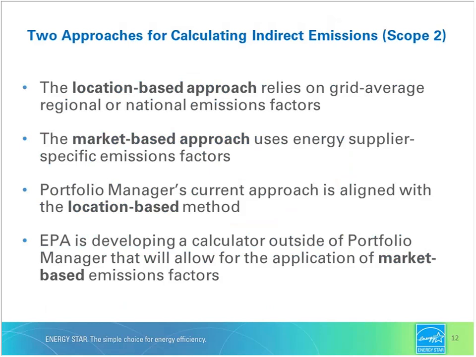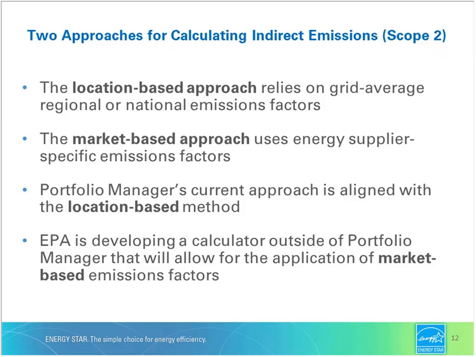There is another method called the market-based method, and that approach uses energy supplier specific emissions factors, which in some cases may be different than the sub-regional emissions factor that comes from eGrid. And since 2015, WRI and its greenhouse gas protocol have recommended that anybody performing a greenhouse gas inventory calculate both their location-based and market-based indirect emissions.